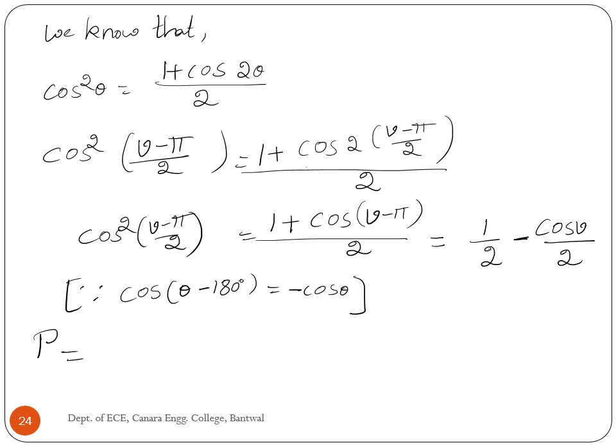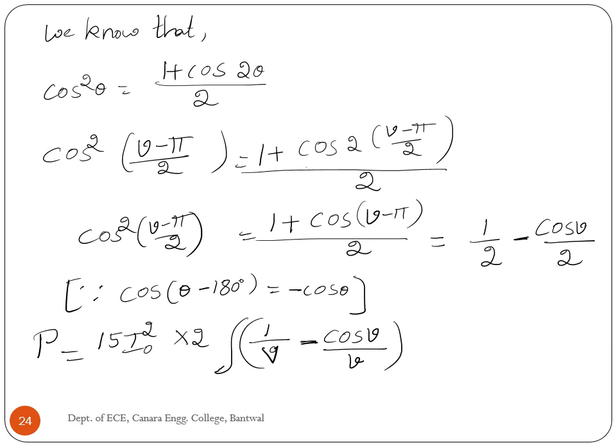Therefore, radiated power is equal to 15 I naught square into 2 integration of (1 minus cos v) divided by v dv into divided by 1 by 2, so divided by 2, limit 0 to 2 pi.